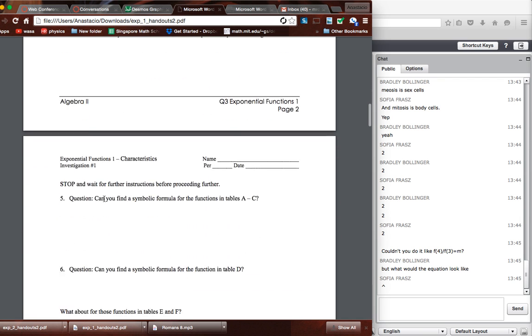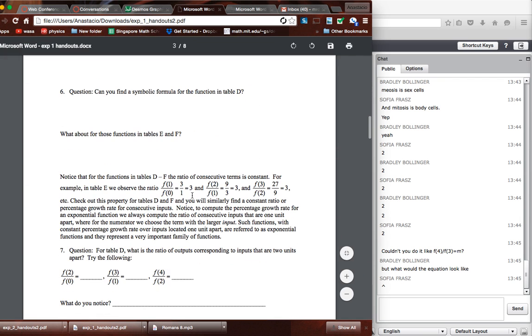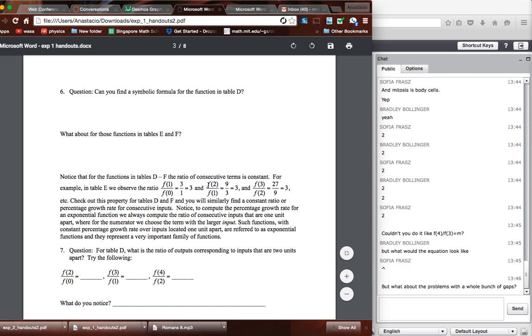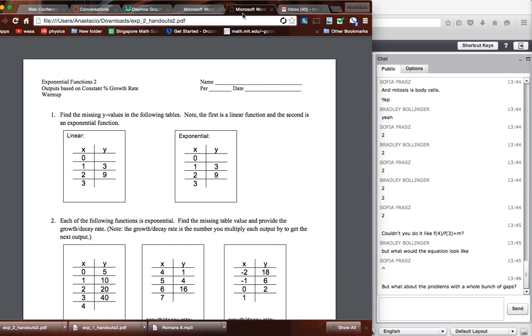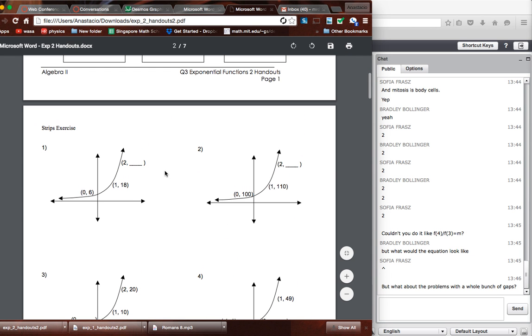And I like the way you said it: you take the f value at 1 and divide it by the f value at 0, or the f value at 2 and divide it by the f value at 1, and you'll get the same number. They're all 3. You take the f value of 3 and divide it by the f value of 2. It's still 3. See what I mean? You guys were all freaking out because you couldn't do stuff like this, but now you can.